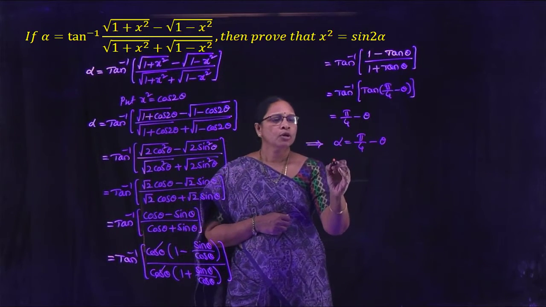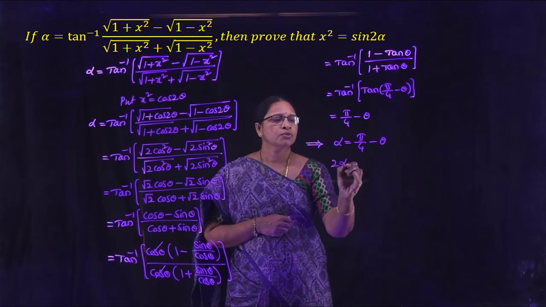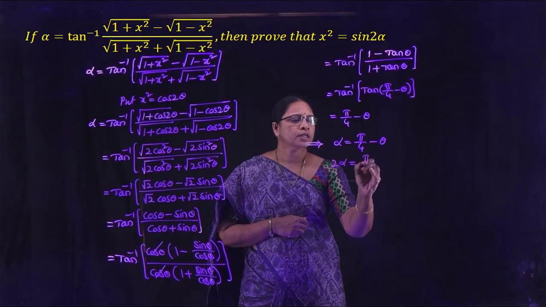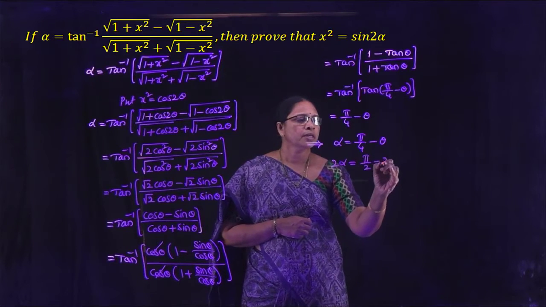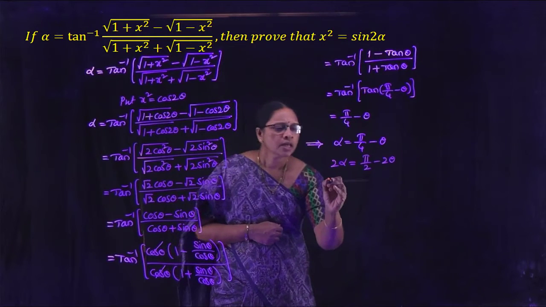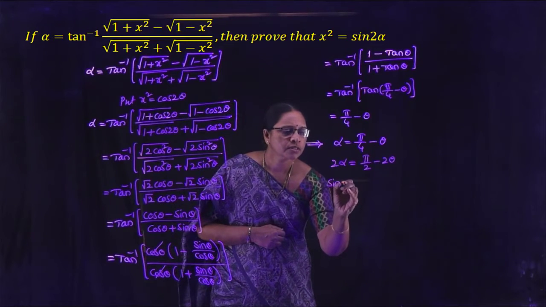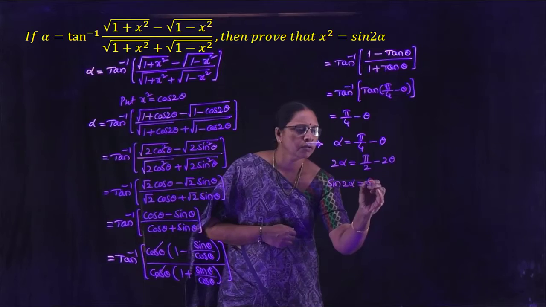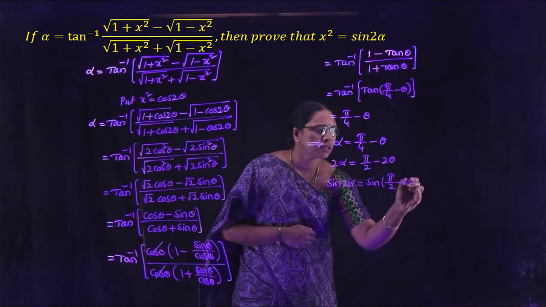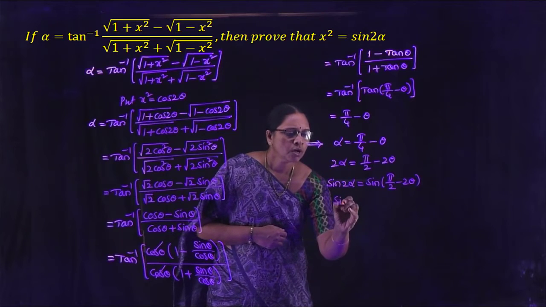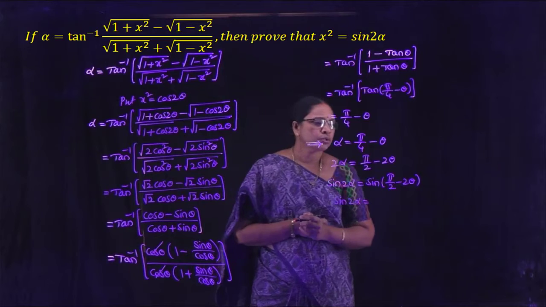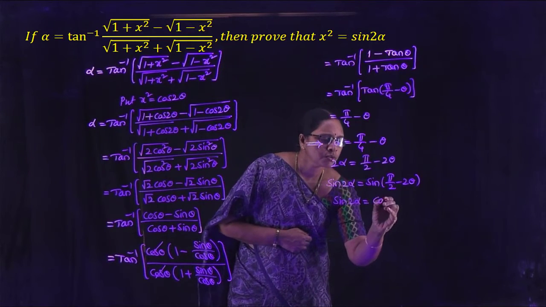Multiply 2 on both sides. That is 2 alpha equal to 2 into pi by 4, that is pi by 2 minus 2 theta, and apply sine on both sides. Sine 2 alpha equal to sine of pi by 2 minus 2 theta. Sine 2 alpha equal to sine of 90 minus 2 theta, that is cos 2 theta.